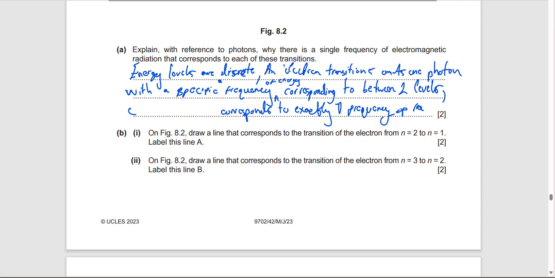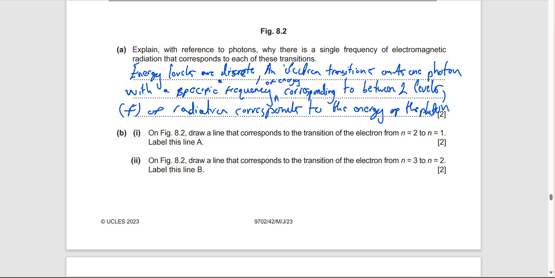Actually, it's more precise to write that the frequency that is emitted, of radiation, corresponds to the energy of a photon.